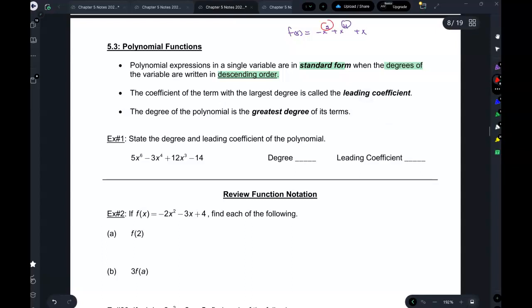These are out of order. However, to put it in standard form, I just rearrange them so that x to the 4 comes first, so first it's the highest exponent, then negative x squared, then plus x. This is in standard form.